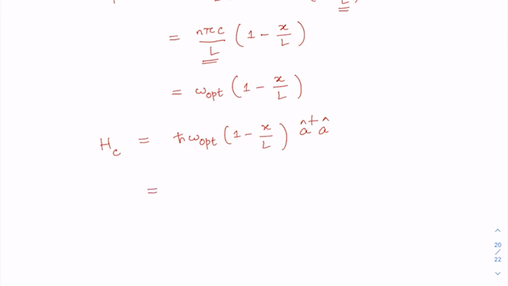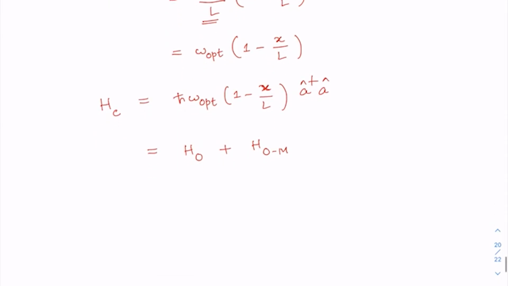into two parts. One, I can write it as the optical photon HO, and another one would be the interaction between the optical photon and the mechanical oscillator, which is actually here in the quantity x, right? X is coming from the movable mirror or the mechanical oscillator. So this particular term would be responsible for the photon-phonon interaction.